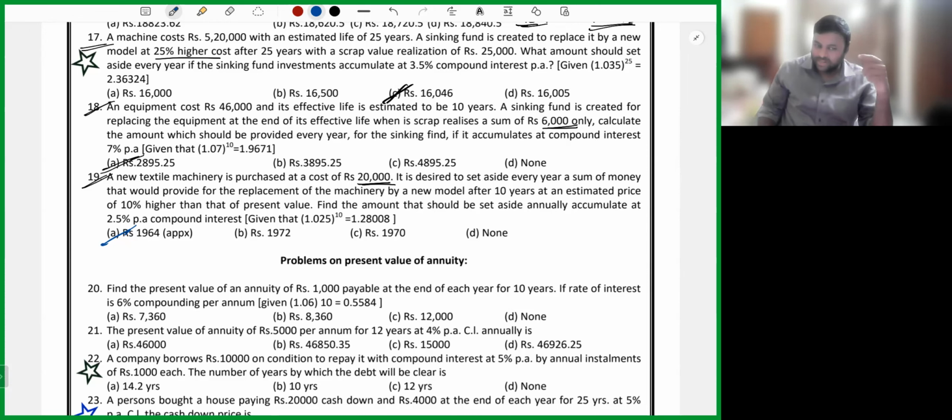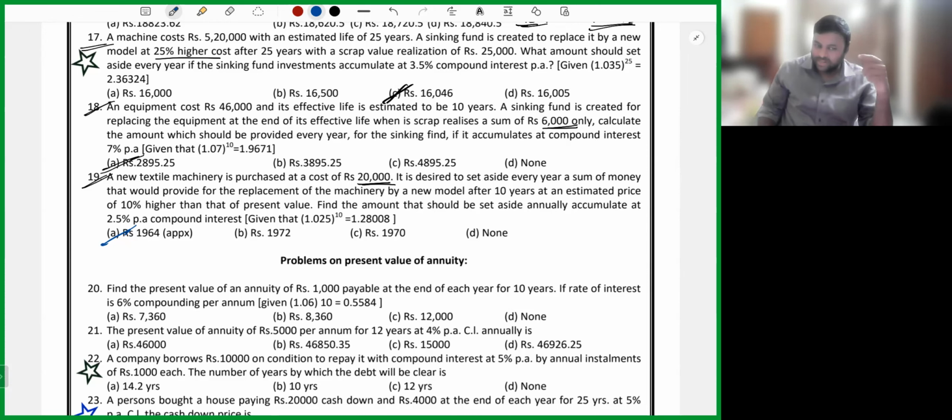Now let me take the same example, my dear friends. What I have taken earlier was the example on ordinary annuity, and this is the example we have done on annuity due. Let me take the same example and teach you the conversion of these things into present value and future value.